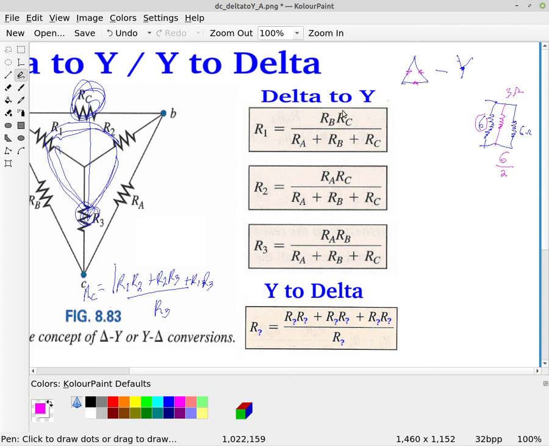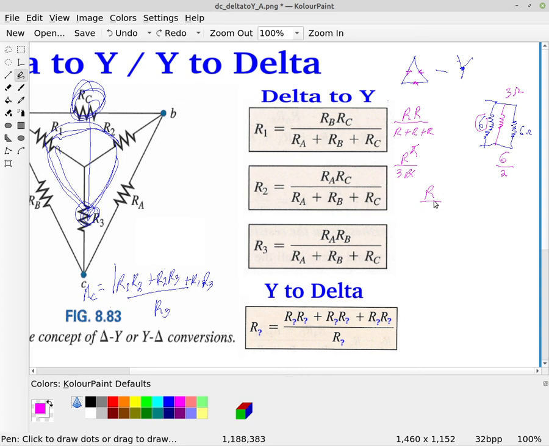So if you look at this, if you said these resistors are all the same and just call them R, so you have R times R divided by R plus R plus R, this gives you, of course, R squared divided by 3R. One of the R's will cancel, so you end up getting R divided by 3.